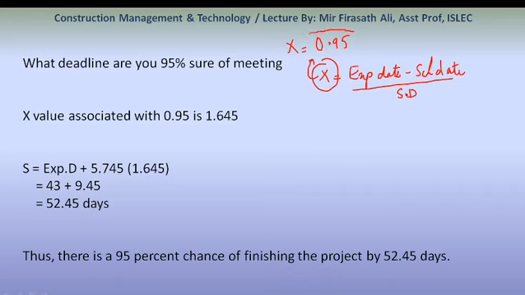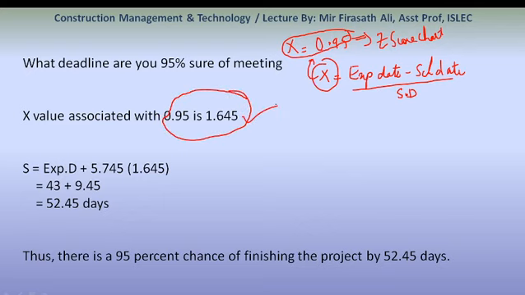From the Z score chart, the value of x associated with 0.95 is 1.654.